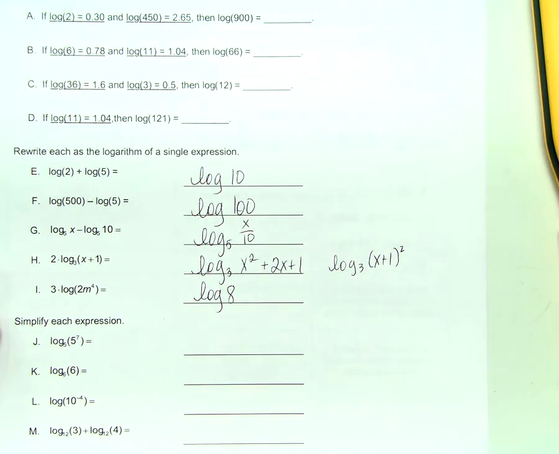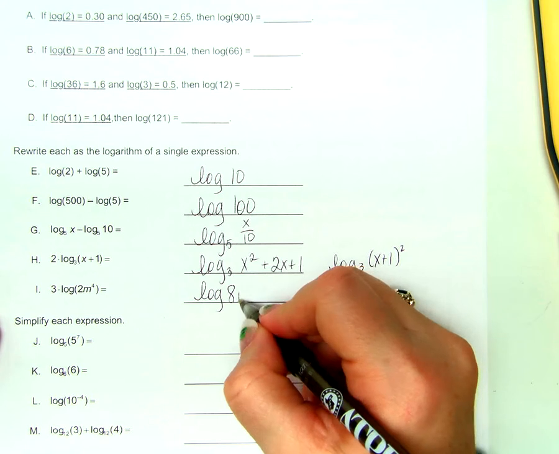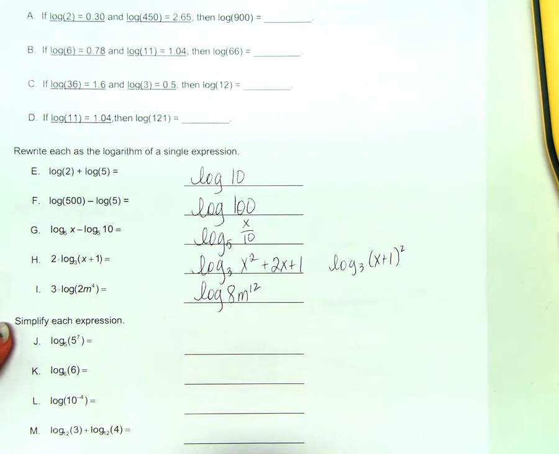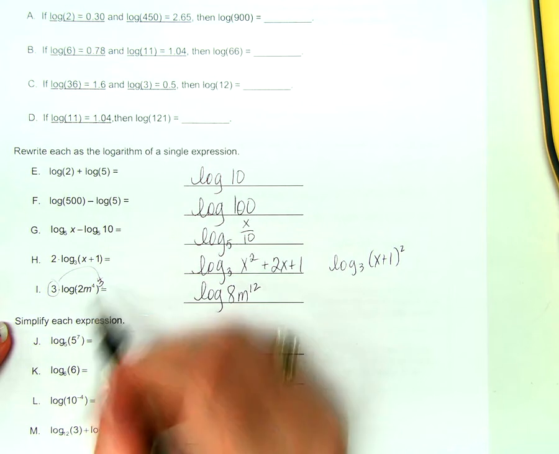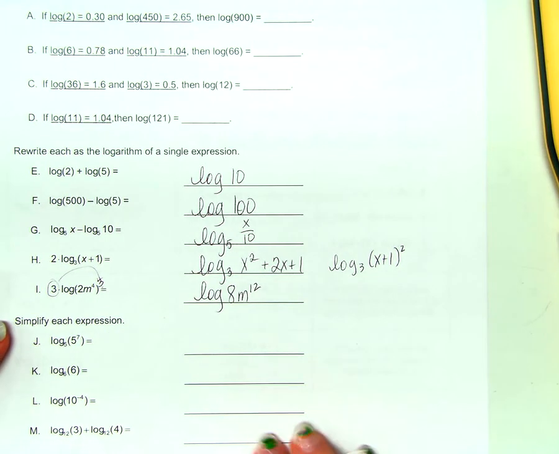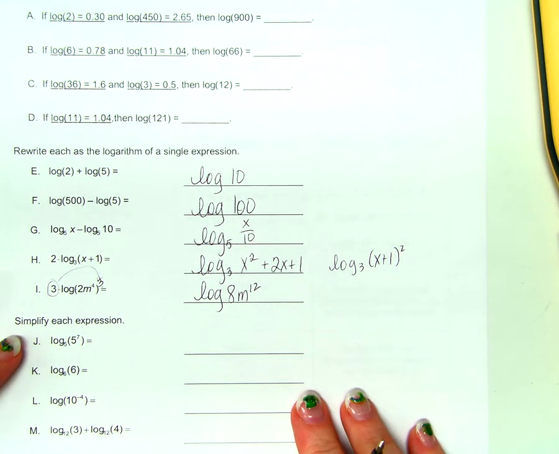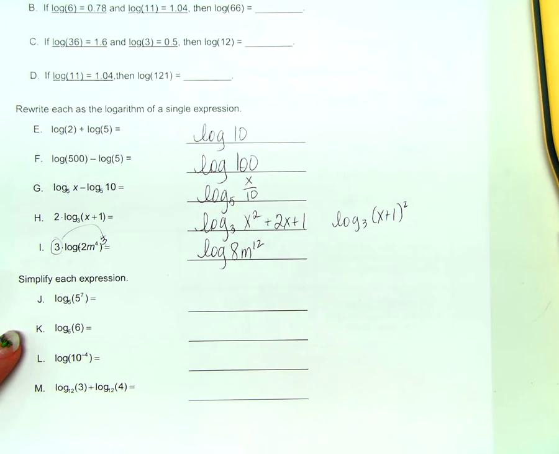Not 2. 8. Why is it 8? This becomes an exponent, which means it's 2 to the 3rd power, not 2 times 3, remember? You got the 12th part right, that's good, but you got to remember what to do with the whole numbers, okay? What about J?